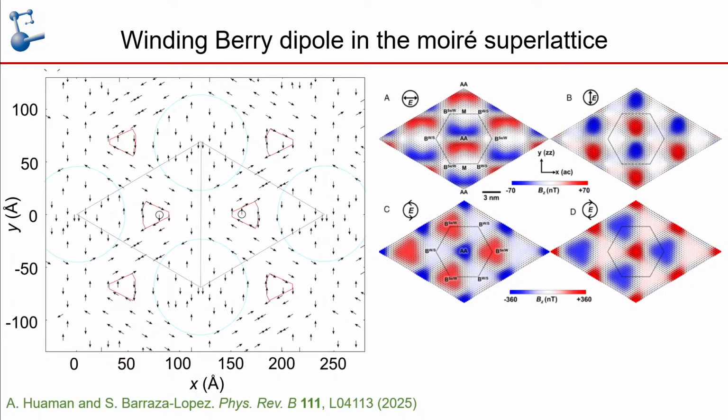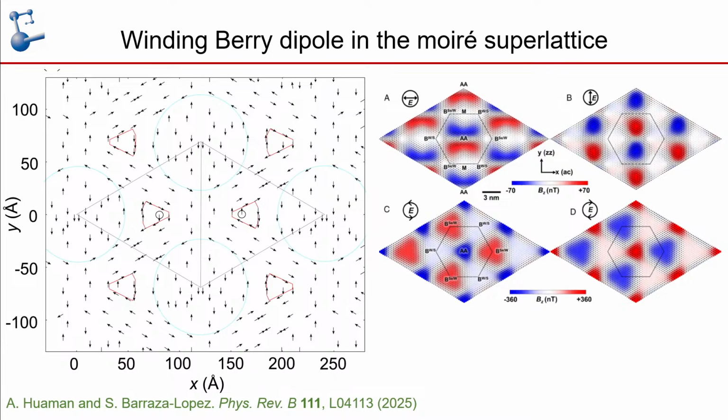And with that, I just want to say that there are papers coming out. This one is from 2023. Here you have these kinds of topological currents that are induced by light.